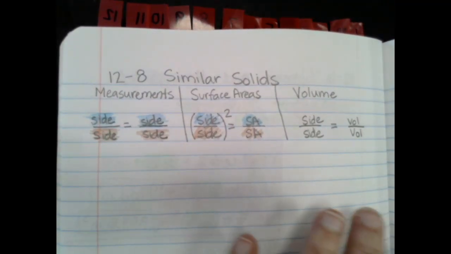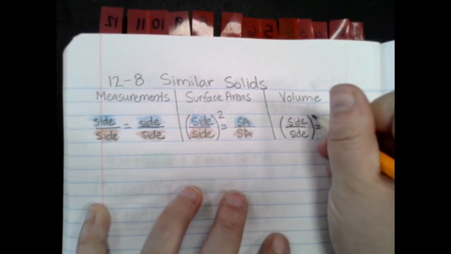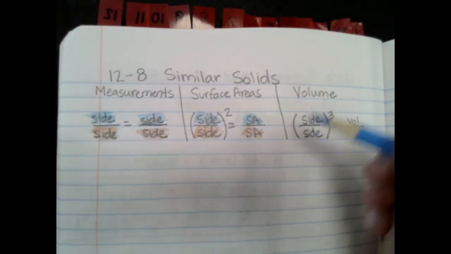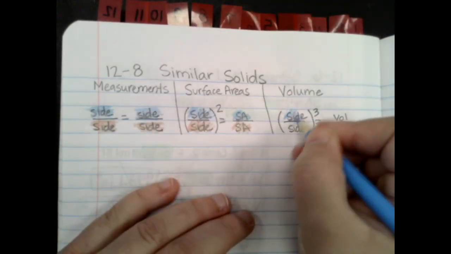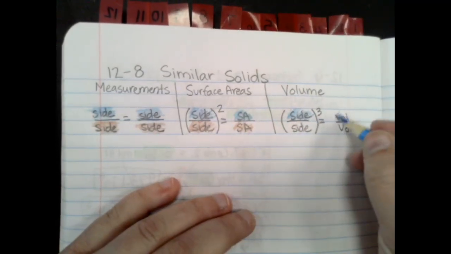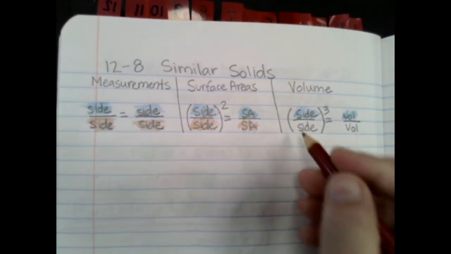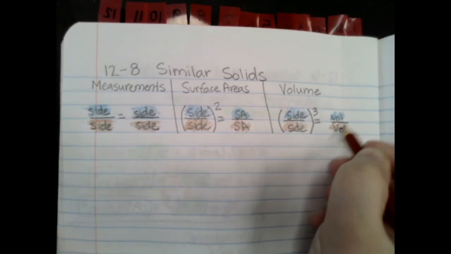But this time with our sides, we're going to take it to the power of 3. Okay, again, though, we're lining up across those matching parts, matching from the same shape.